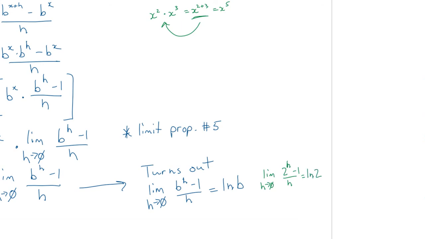Now, I have tried and tried and tried to come up with a good way of us trying to figure this out on our own, but there really just isn't one.